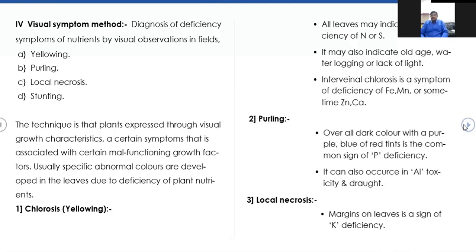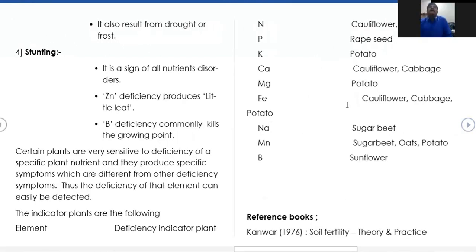Then local necrosis. Necrosis on leaf margins shows the symptoms of potassium deficiency. It can also result from drought or frost.